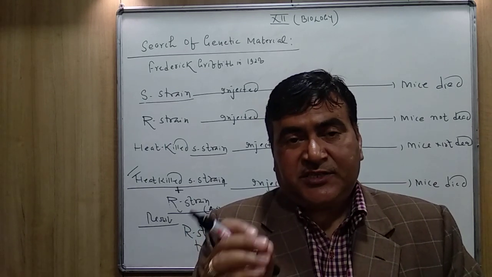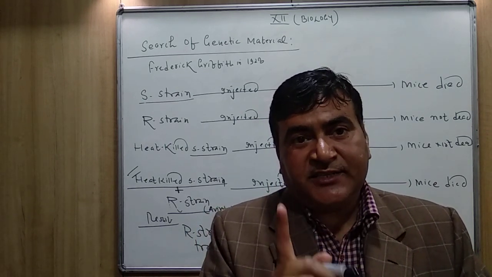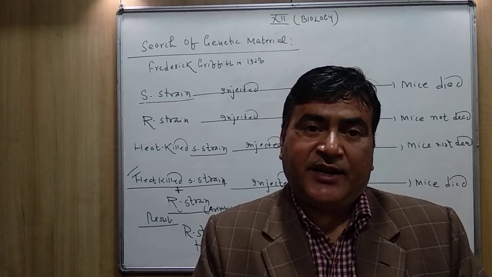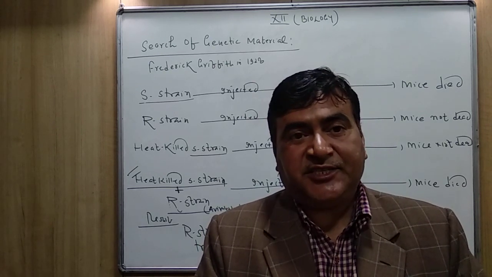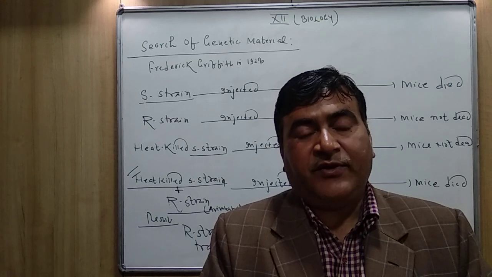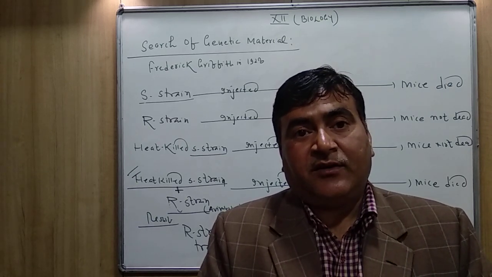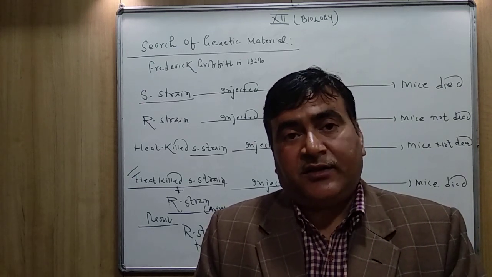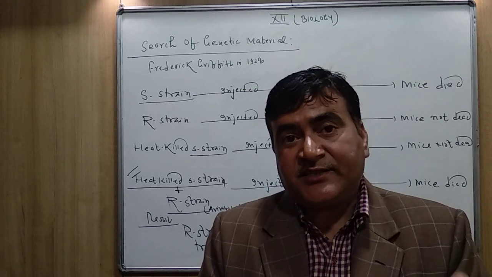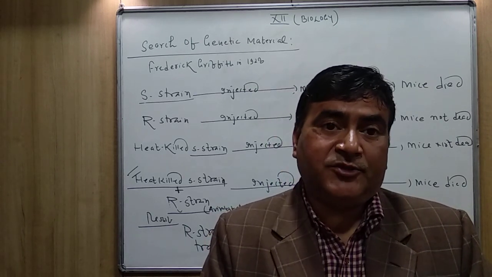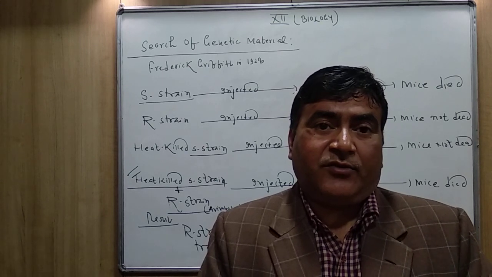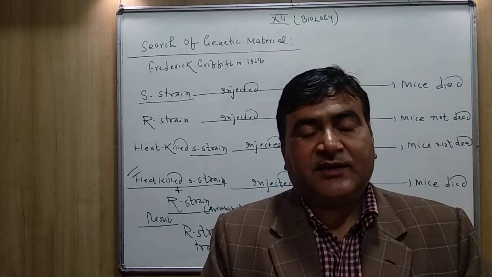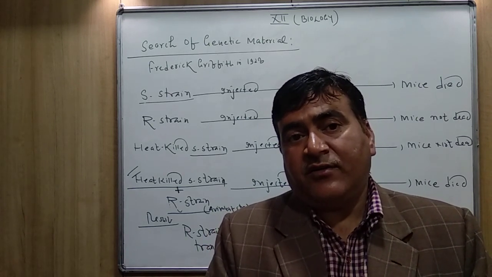And as I told you, Streptococcus pneumoniae has how many strains? There are two strains, and these are the S strain and the R strain. S strain for smooth. When he cultured Streptococcus pneumoniae in the petri dish, he observed some colonies that were very shiny, and some colonies that were very rough.